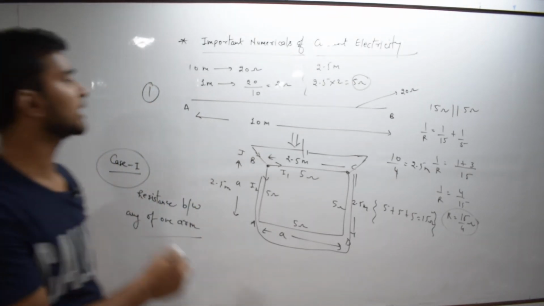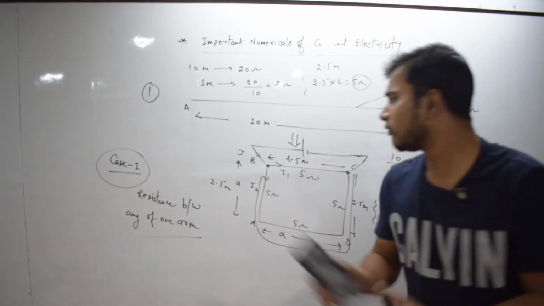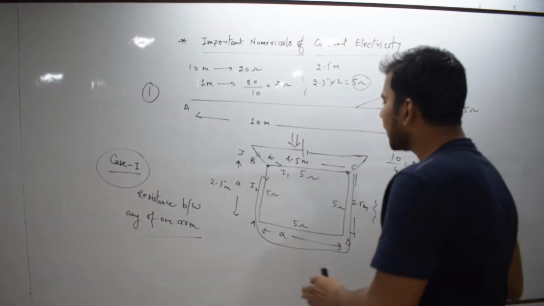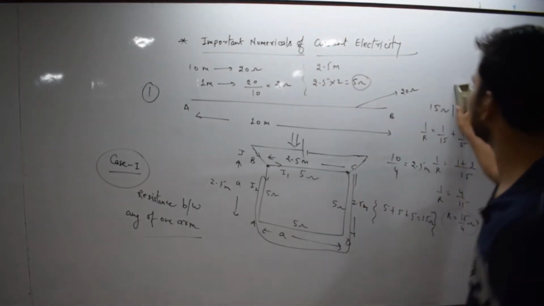One more question they can ask from the same concept. Let's suppose they say find the equivalent resistance between the diagonal ends. Okay, so the same question is given to you.